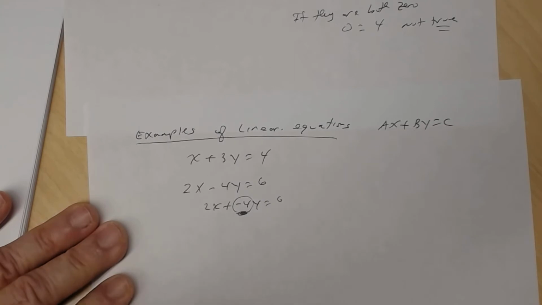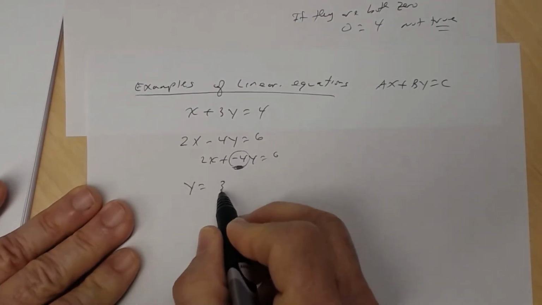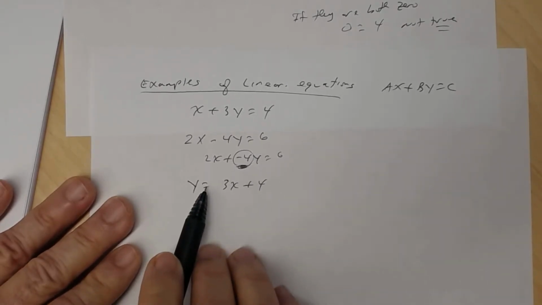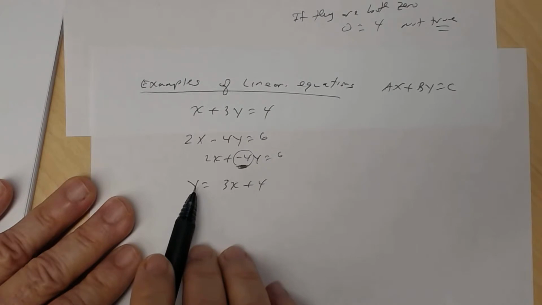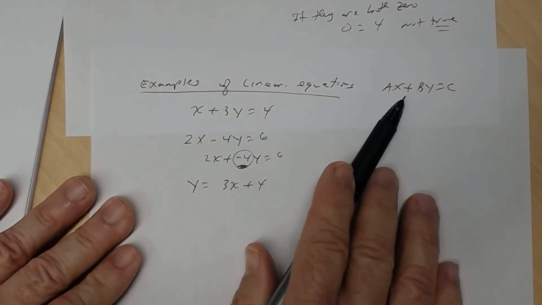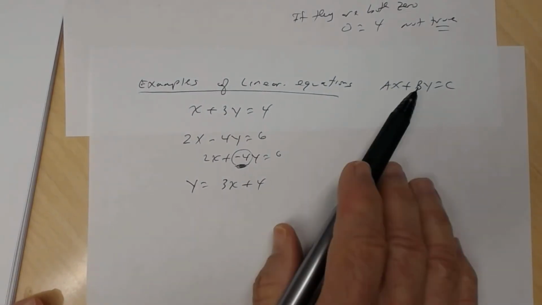Now, that's an easy kind. We also have y equals 3x plus 4. That is also a linear equation in two variables, even though it's not written in standard form. We can rewrite this in that form.